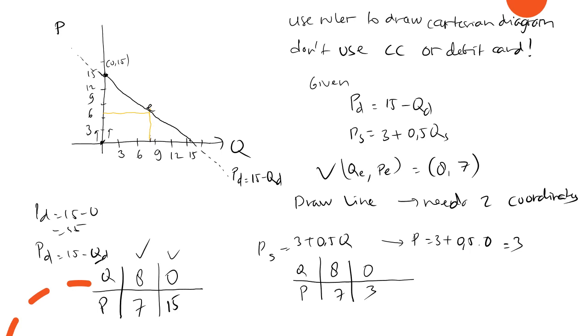Then I will use blue. 8, 7 again here. And then 0, 3. Here. And draw the line between 0, 3 and 8, 7. This also goes here, but we don't need that, so that's why I draw that with a dash line. So this is our PS, 3 plus half QS. Done.